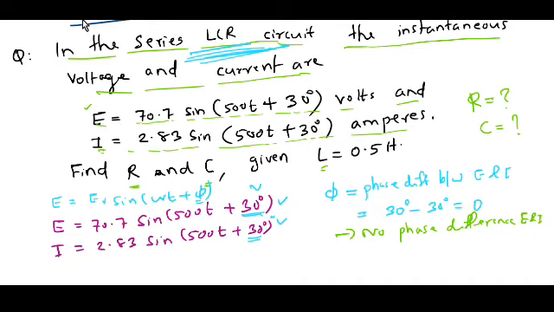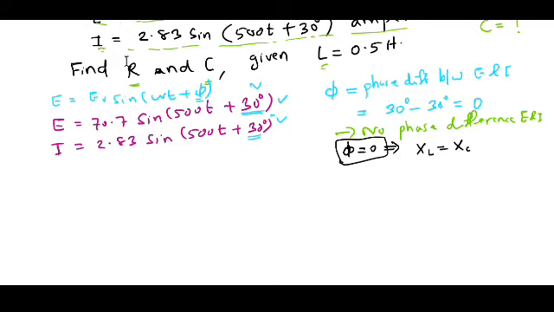Now think about where phi is equal to 0 in an LCR circuit. Phi is equal to 0 only when XL is equal to XC. Think about the expression for phi.